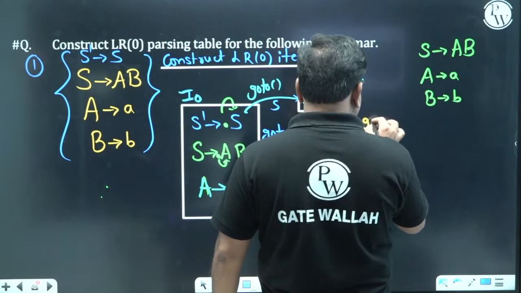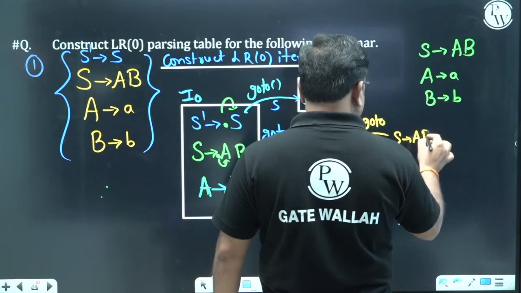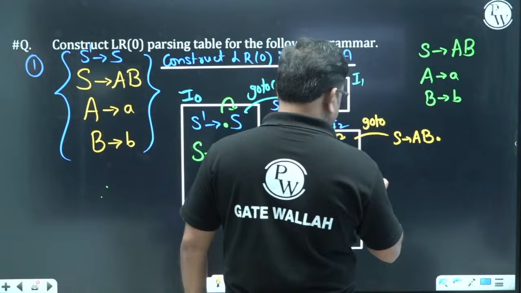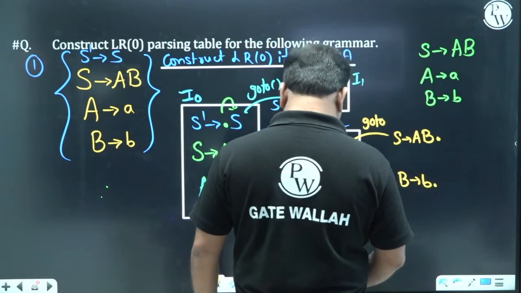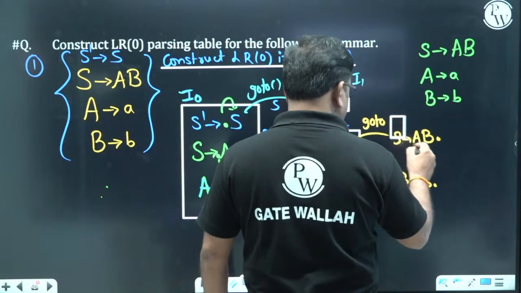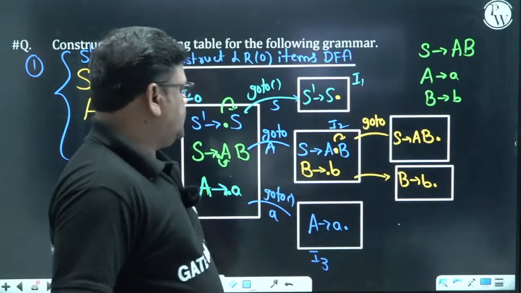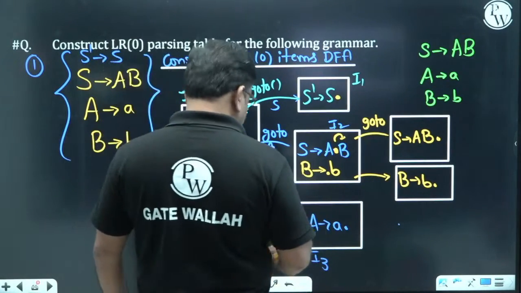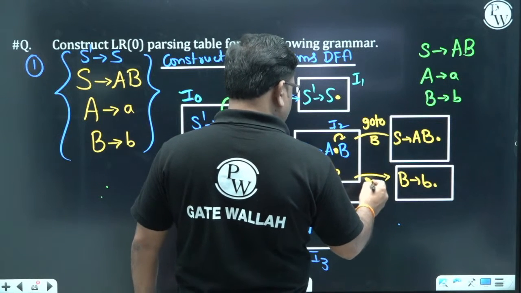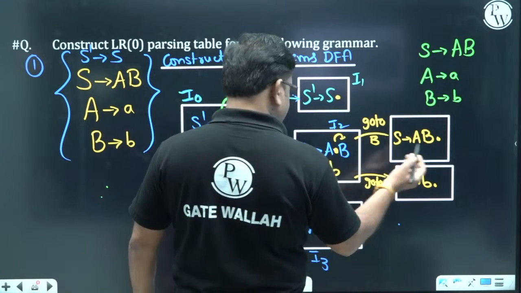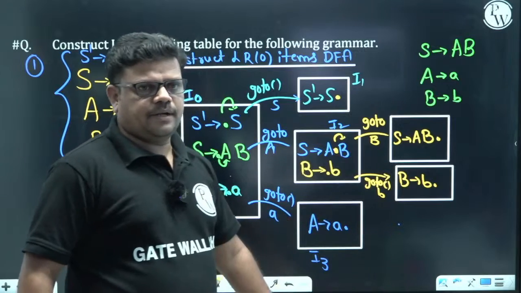So goto on this moves the dot, goto on capital B, and goto on small b. So for the I2 state, closure is completed and goto on every LR0 item is completed.